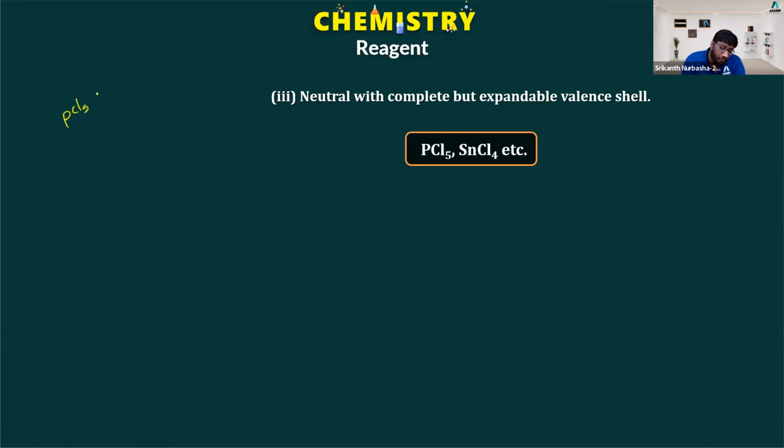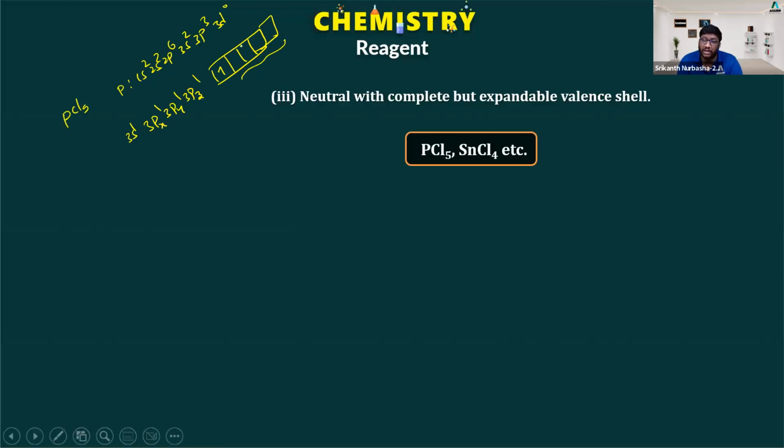PCl5: if you write the electronic configuration of phosphorus, it will be 1s2, 2s2, 2p6, 3s2, 3p3. But 3d is vacant. Yes or no? In the first excited state, you can write 3s1, 3px1, 3py1, 3pz1. In the 3d, you have 5 d orbitals, where 1 d orbital can be filled with an electron. The remaining 4 d orbitals of the 3d subshell are vacant.